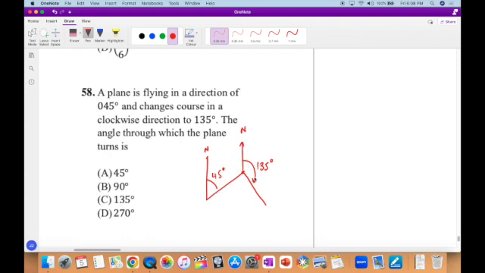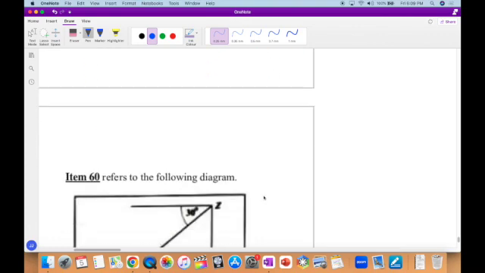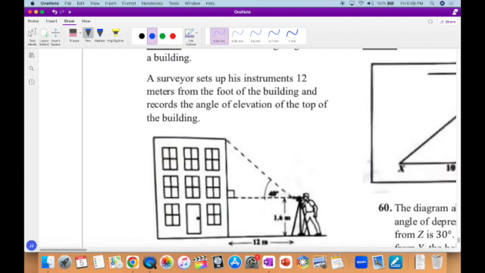If this is 135, the angle through which the plane turns is, remember the plane is going in this direction. So essentially this is 45 degrees, therefore this angle will be 135 minus 45, which is 90. So it actually turned through 90 degrees there. Sometimes when you overthink, you know.